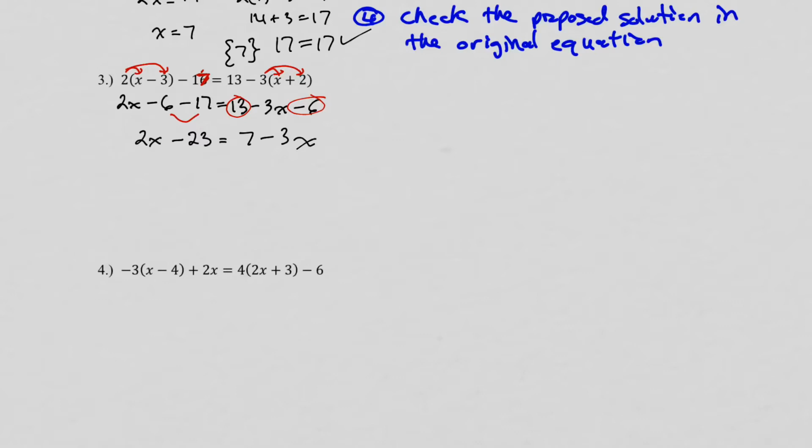Okay, and now step 2 is to collect variables to one side. So we got this thing simplified as much as possible. But we want to get the x terms to one side and the constant terms to the other side. You can pick whatever side you want, but it's recommended that you choose the smallest variable, in other words, the smallest coefficient.